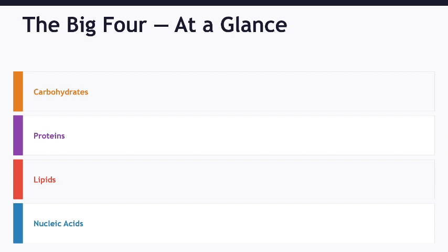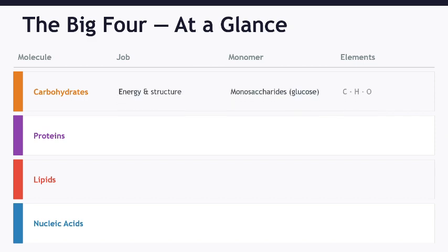So, the big four. Carbohydrates are made of carbon, hydrogen, oxygen. Their monomers are monosaccharides, and their main job is energy and structure. Proteins are made of carbon, hydrogen, oxygen, nitrogen. Their monomers are amino acids and they do almost everything.